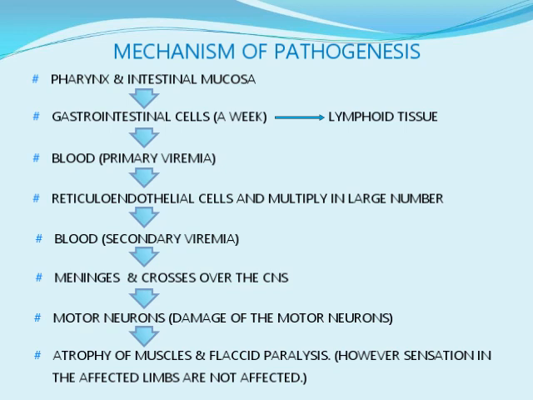Atrophy of muscles is loss of muscles, and flaccid paralysis is loose and floppy muscles, which are seen in patients infected with poliovirus. However, sensation in the affected limbs remains unaffected.